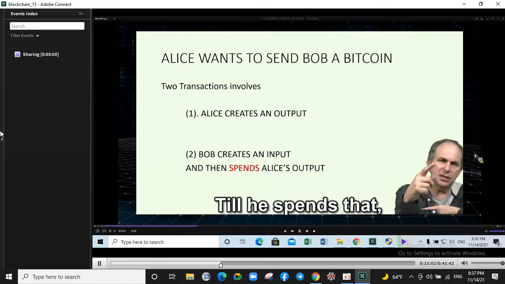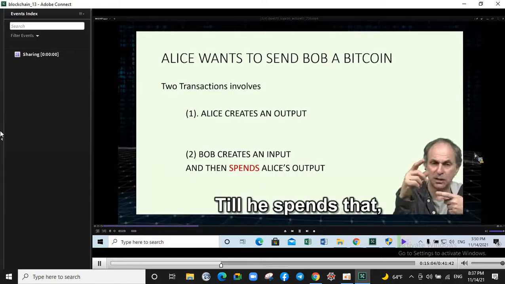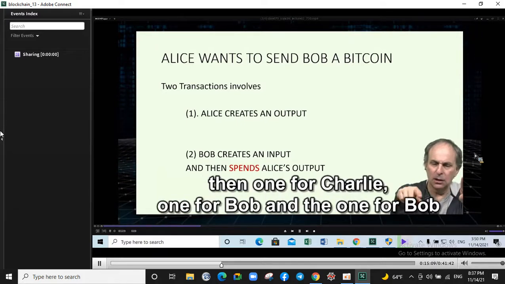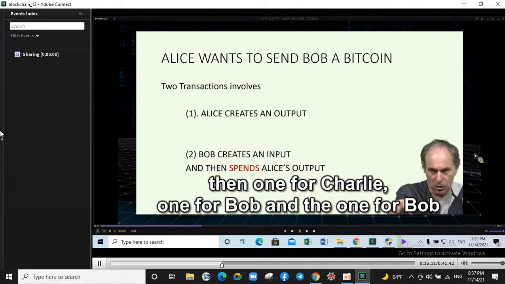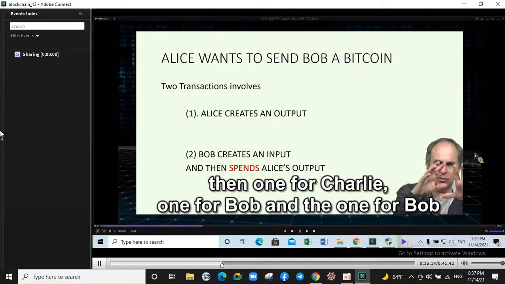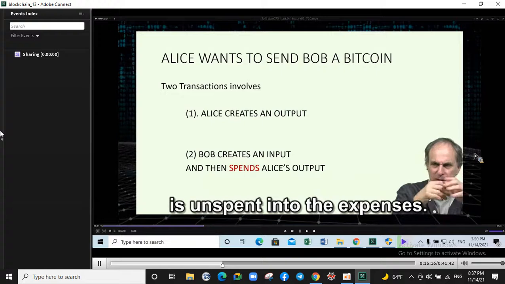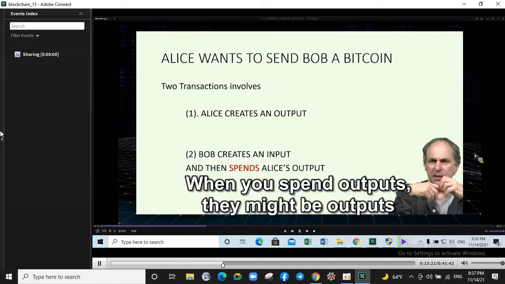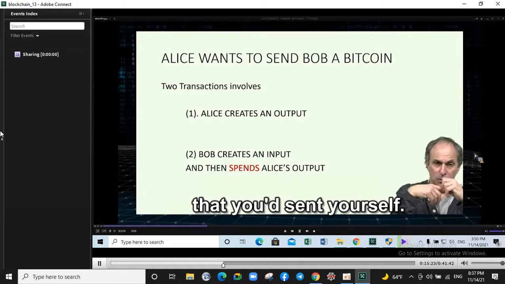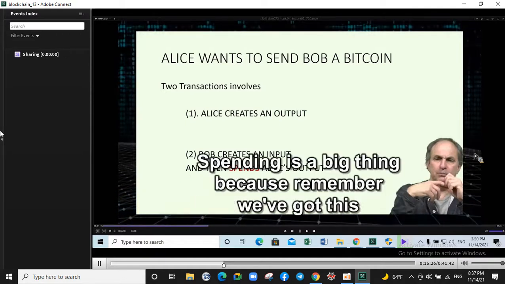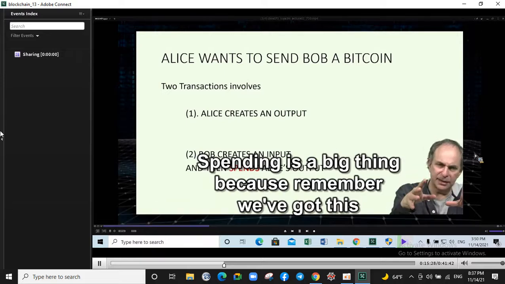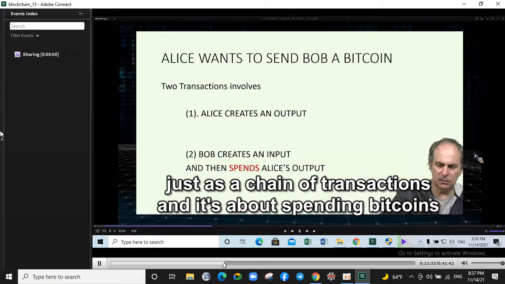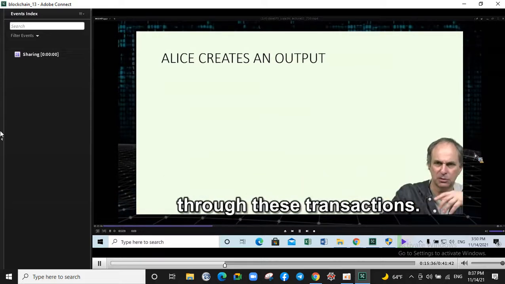So there'd be two outputs, one for Charlie, one for Bob, and the one for Bob is unspent until he spends it. So when you spend outputs, they might be outputs that you'd sent yourself. Right. So spending's a big thing. Remember, we've got this chain of transactions, and it's about spending Bitcoins through these transactions.